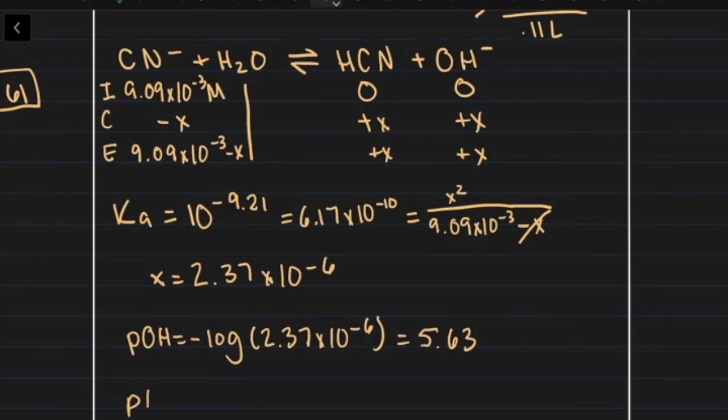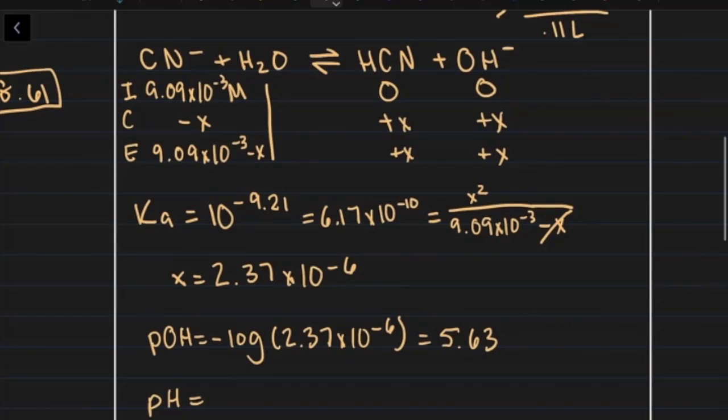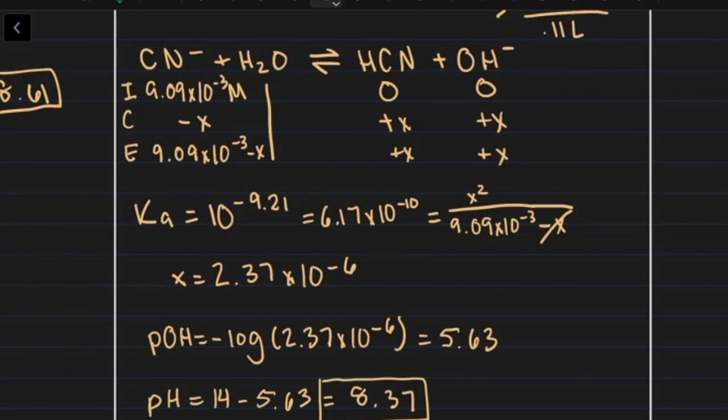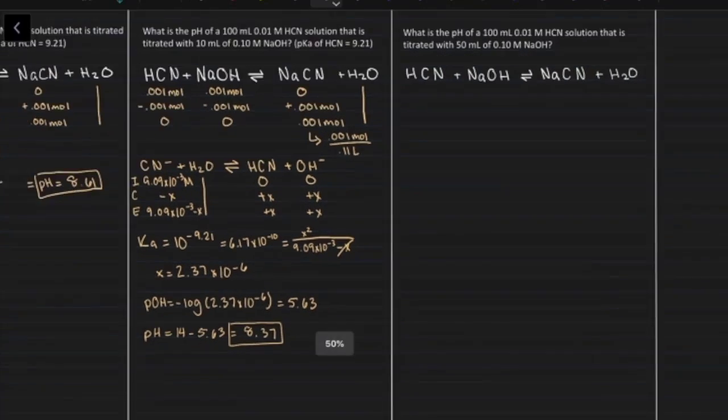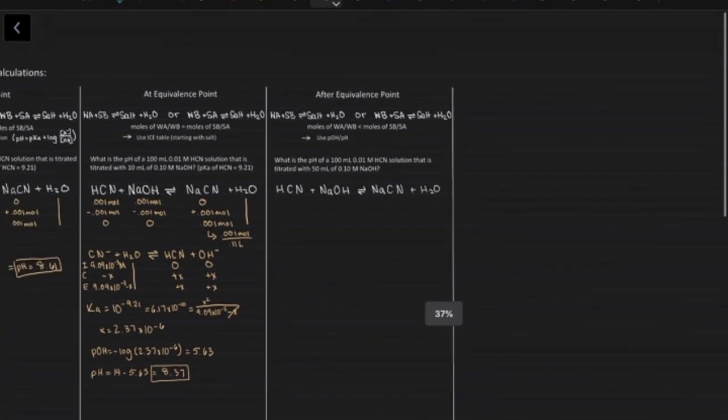We can use that pOH now to get pH by doing 14 minus our pOH, 5.63. That will give us our pH of 8.37. So that is our second pH that we got.